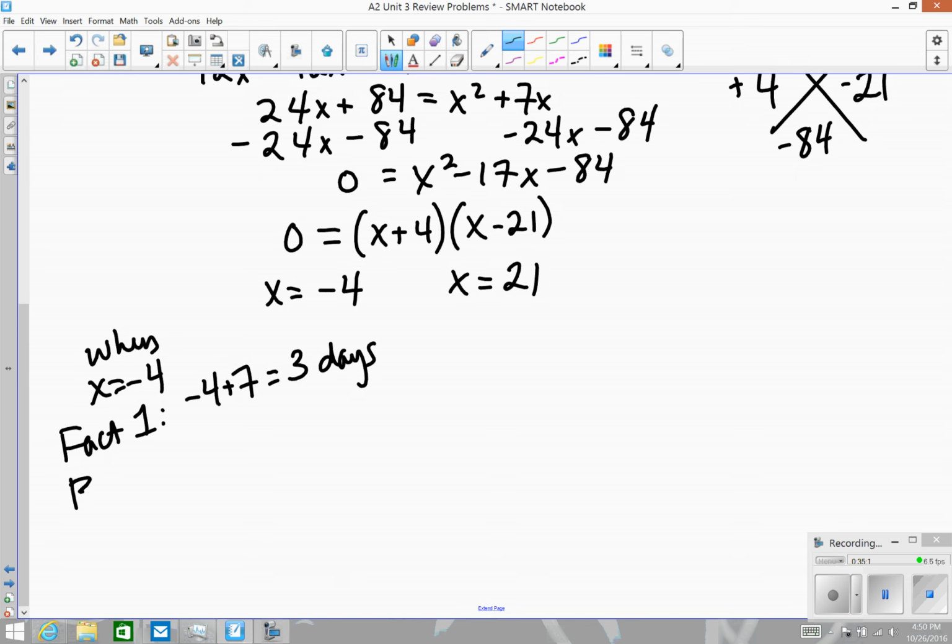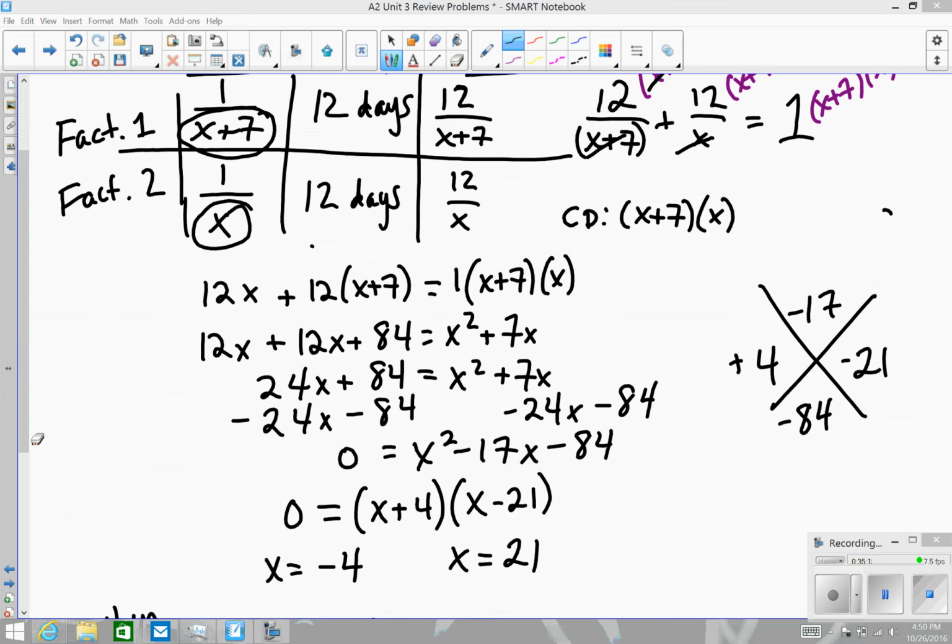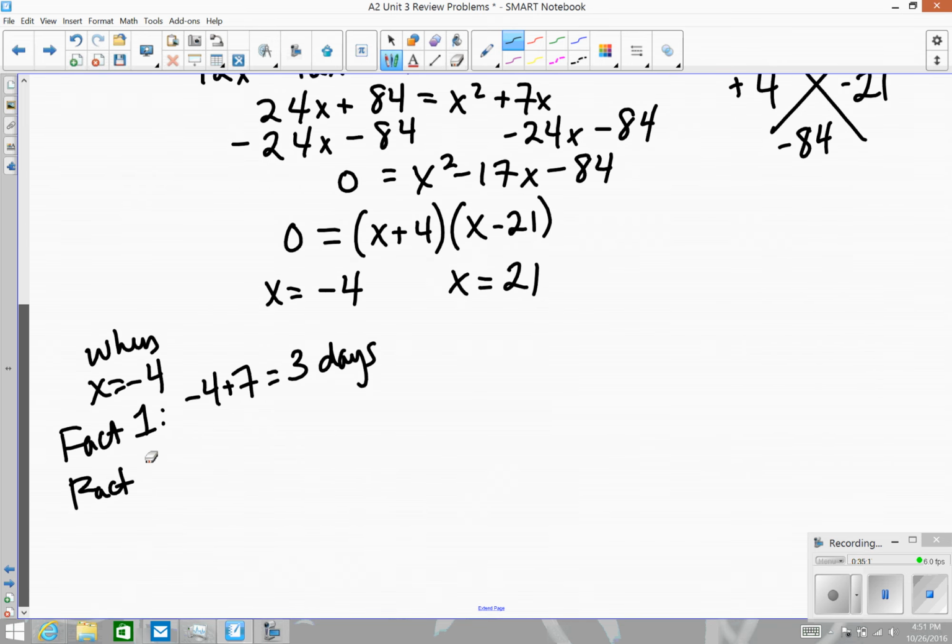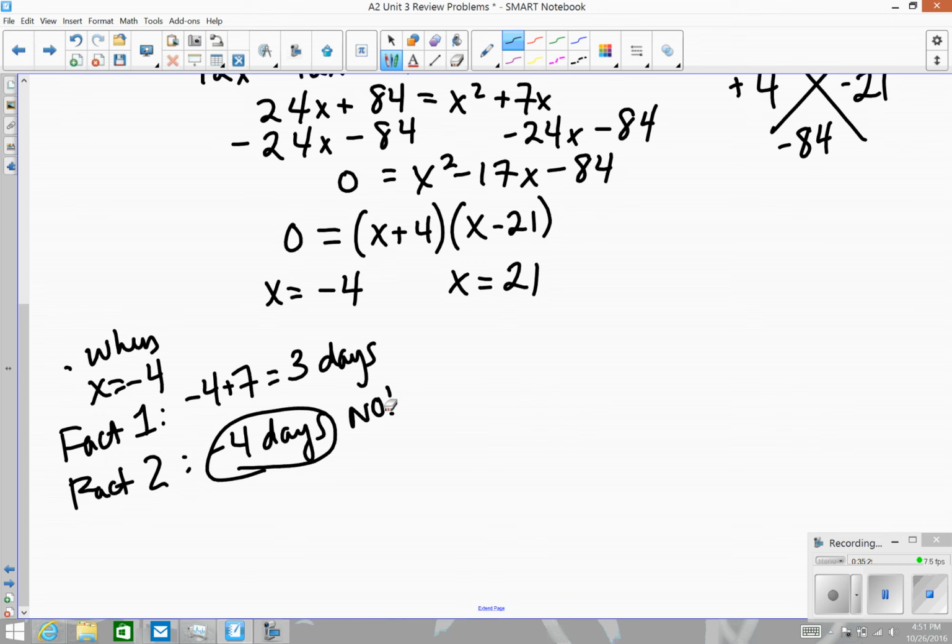And factory 2 takes x days. Factory 2 would be negative 4 days. Well, that just doesn't make sense, which means that this is an extraneous solution. We can't have negative 4 days. So negative 4 is an extraneous solution.